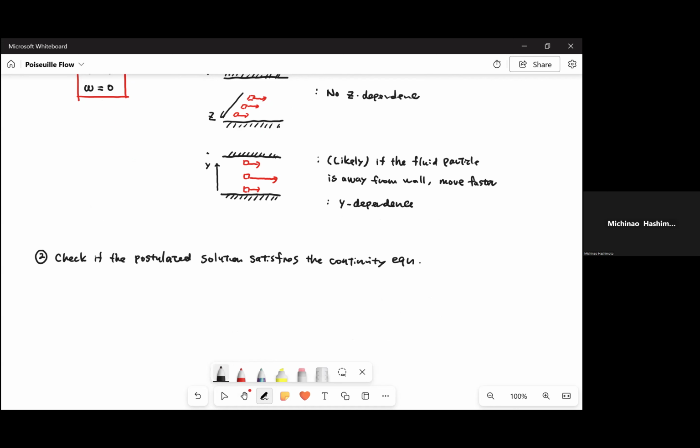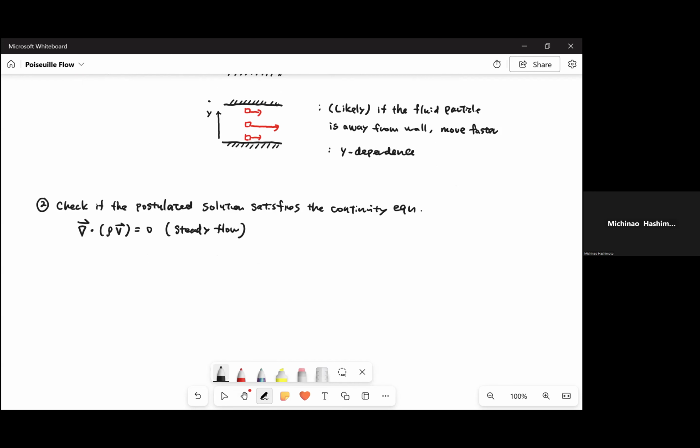The continuity equation is nabla dot rho v equals 0, because we assume the steady state, steady flow. The left hand side equals nabla dot rho v, which is d/dx of rho u plus d/dy of rho v plus d/dz of rho w.